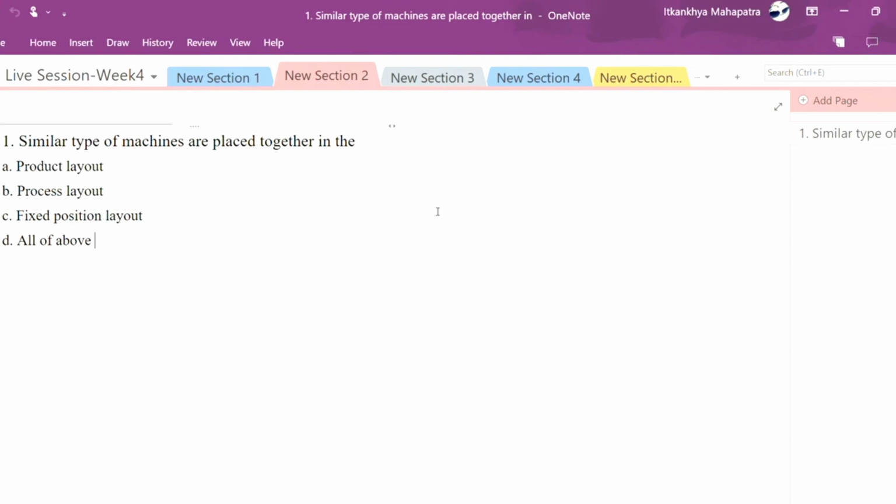So when similar types of machines are placed together, that is the process layout. The correct option is process layout.